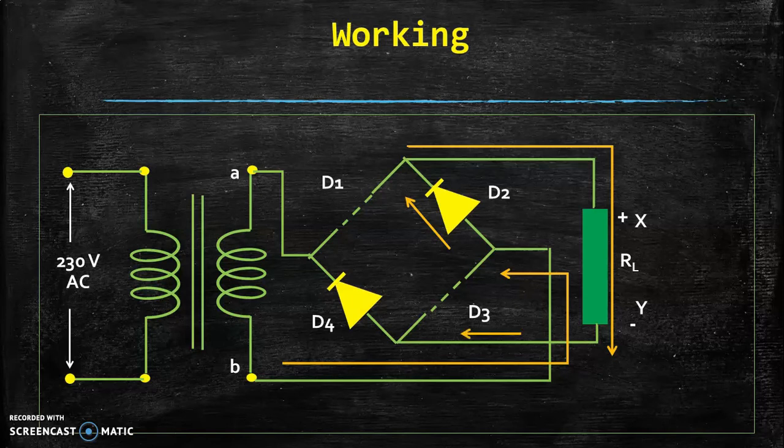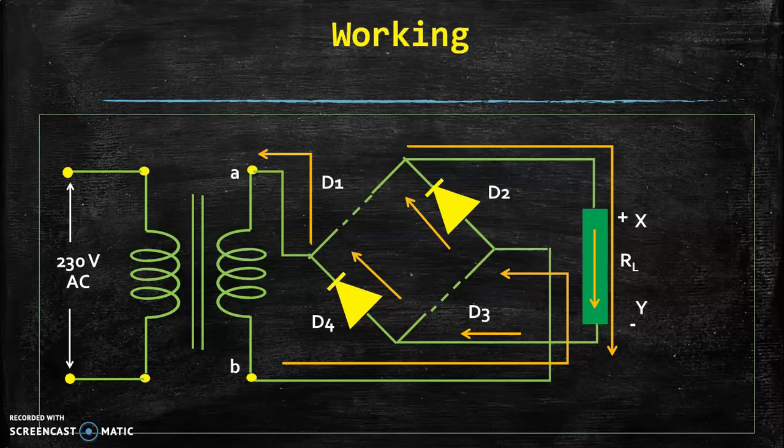It returns back through the diode D4 to the point A, and at last it ends at point B. Now we can see that in the load resistance, the flow of current is from positive terminal to negative terminal, point X to point Y.